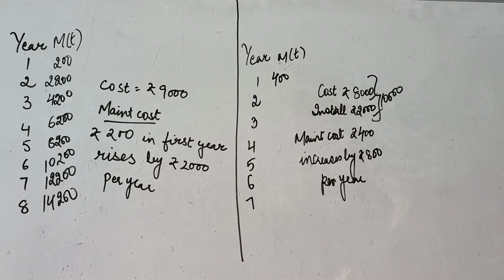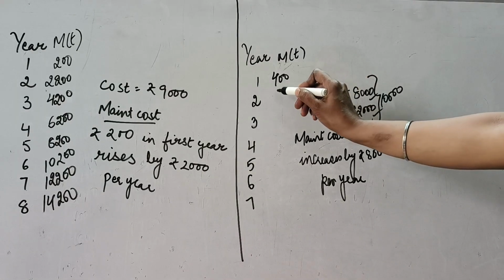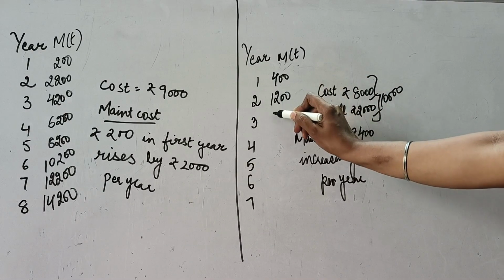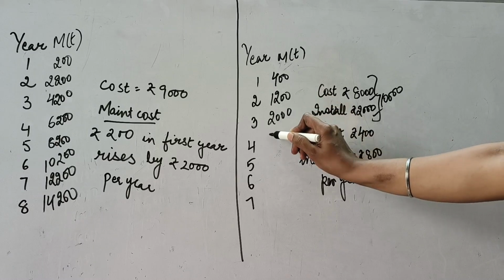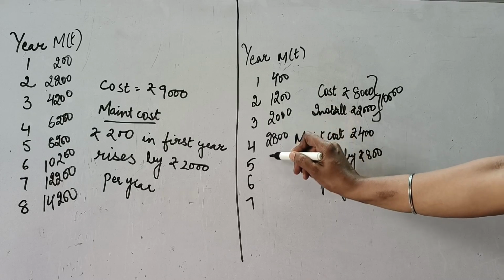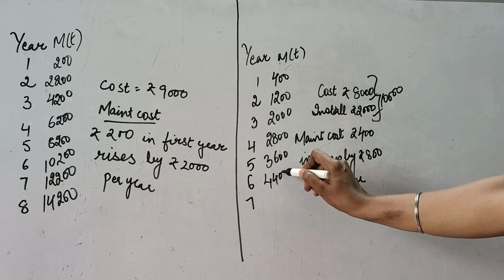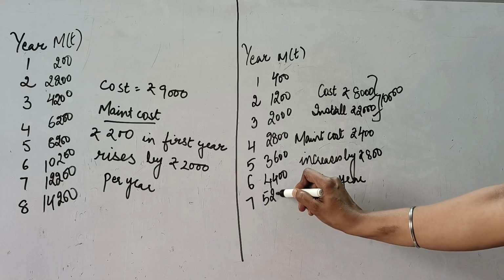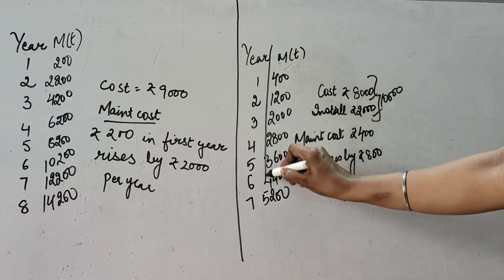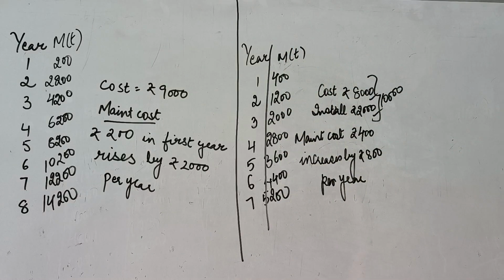You have to increase it by 800 per year. So in the second year it will be 1,200, then 2,000, 2,800, 3,600, 4,400, 5,200. So this is how the maintenance cost has been calculated. Sometimes you can be given the maintenance cost directly and sometimes you have to calculate.